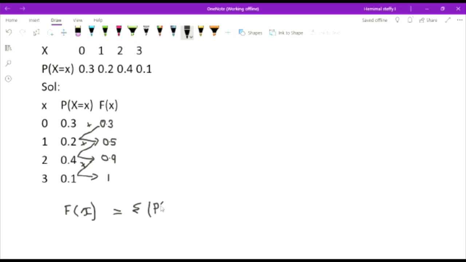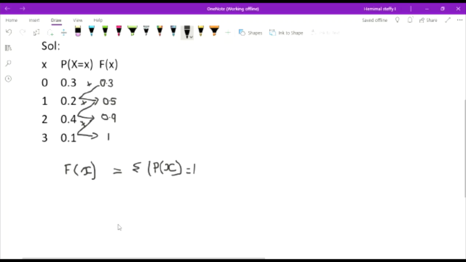Already we learned that the summation of p of x should be equal to 1. Is it clear? By adding all the values of probability, it gives 1. Okay, the condition is okay.